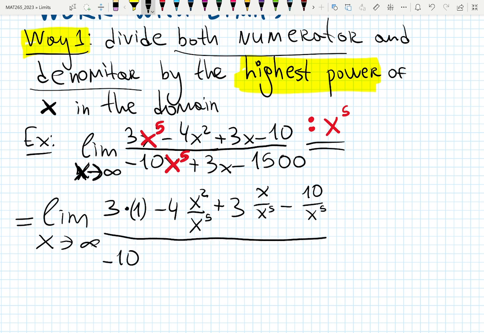Then in the denominator, minus 10 times 1, since x^5 over x^5 is 1, plus 3x over x^5, minus 1500 over x^5. This is what you get.